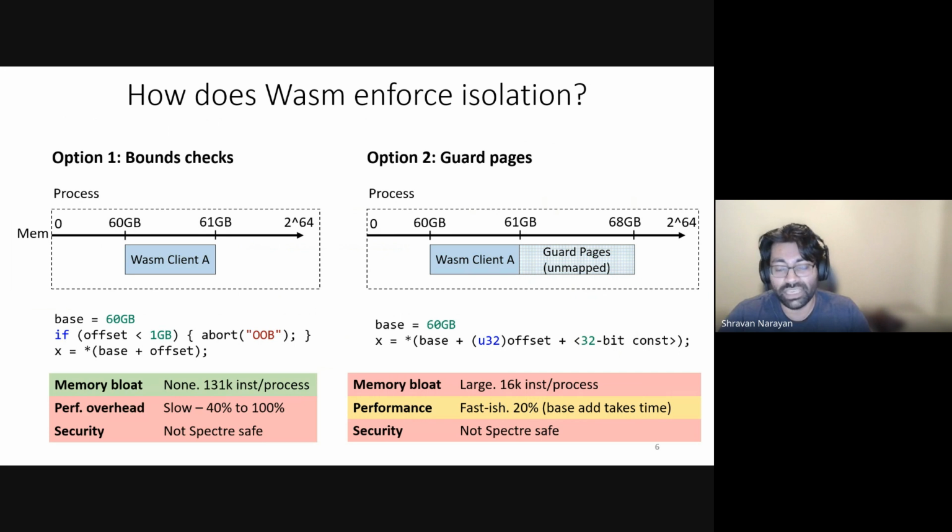What this means is you're limited to about 16,000 instances per process. That's right about at the limit of what some use cases today already are using, so we're going to bump into this limit pretty soon. And even though you don't see a bounds check on the screen, I'm going to assert now that this is not Spectre safe either. We'll talk about why in a little bit, but just take my word for it.